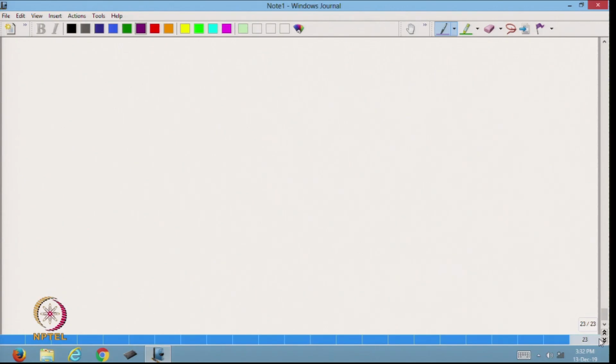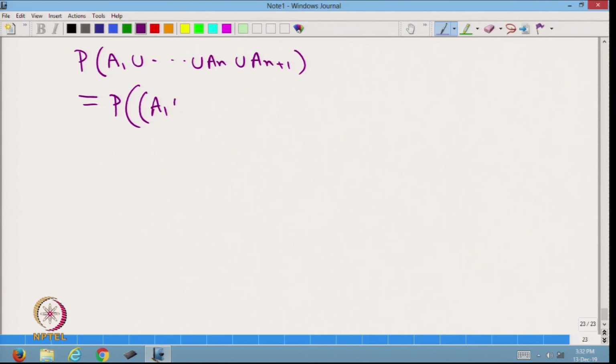It is very simple. Probability of A1 union ... union An union An plus 1 is equal to probability of A1 union ... union An union An plus 1.